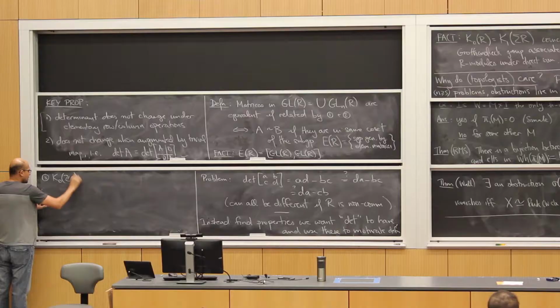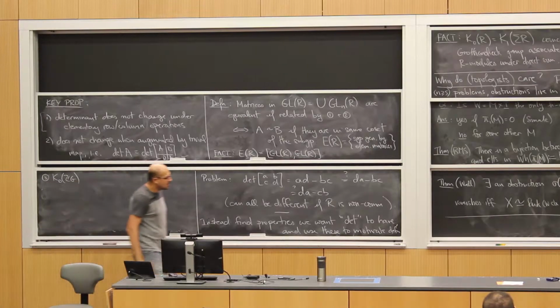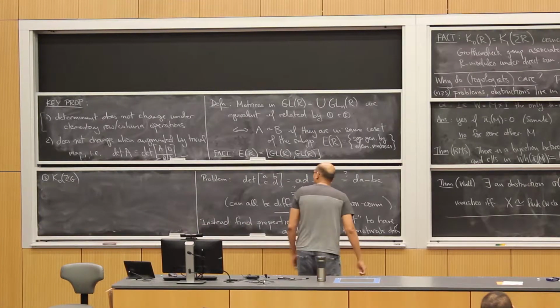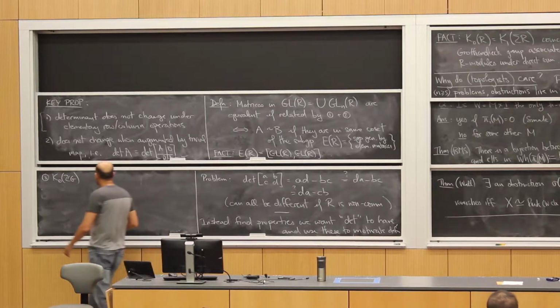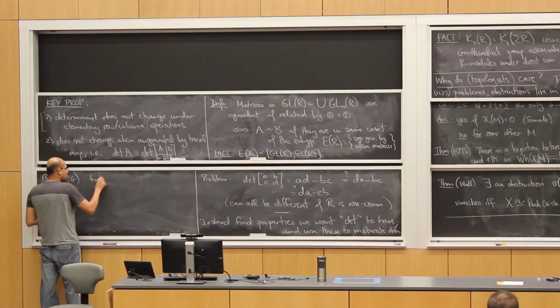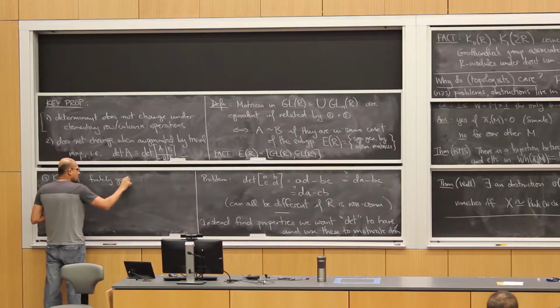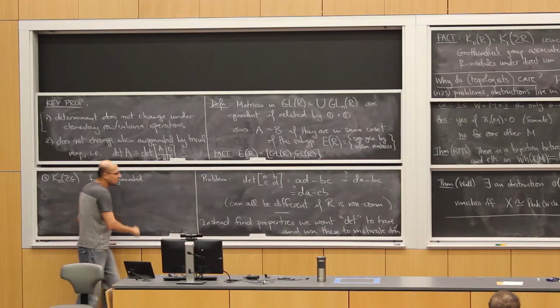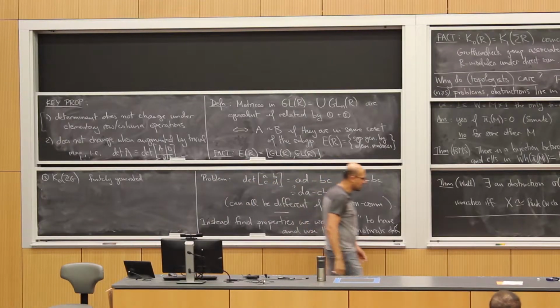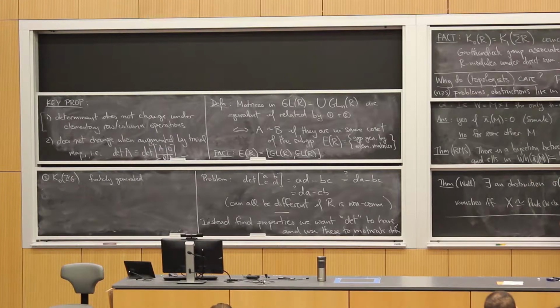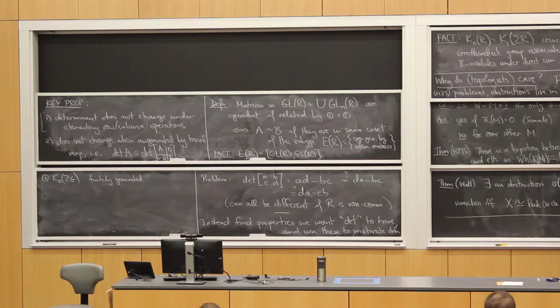K0 Zg. So this is always finitely generated. But there's no easy formula the way there is for K-1. And here I should say both of these results are due to Carter in the early 80s.